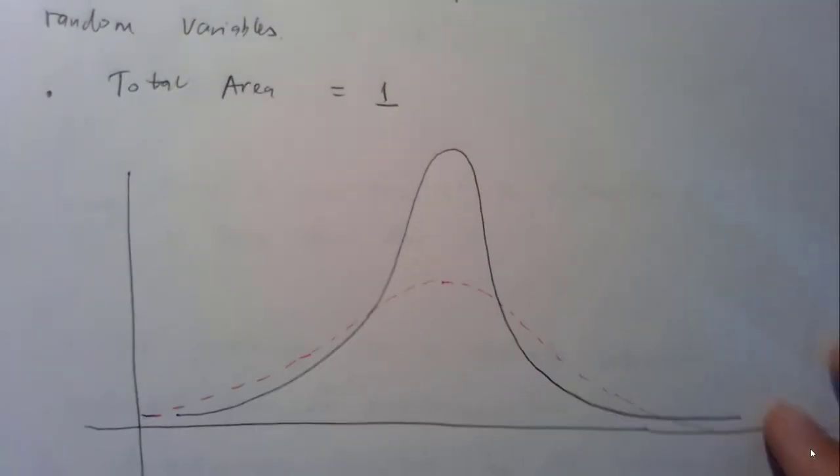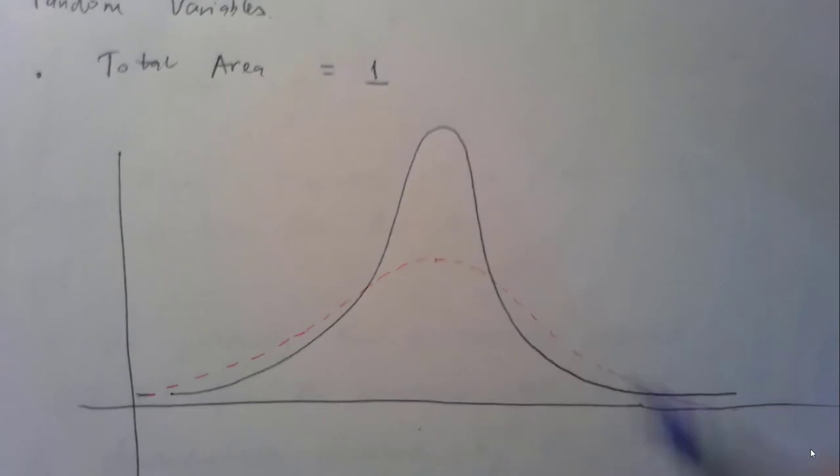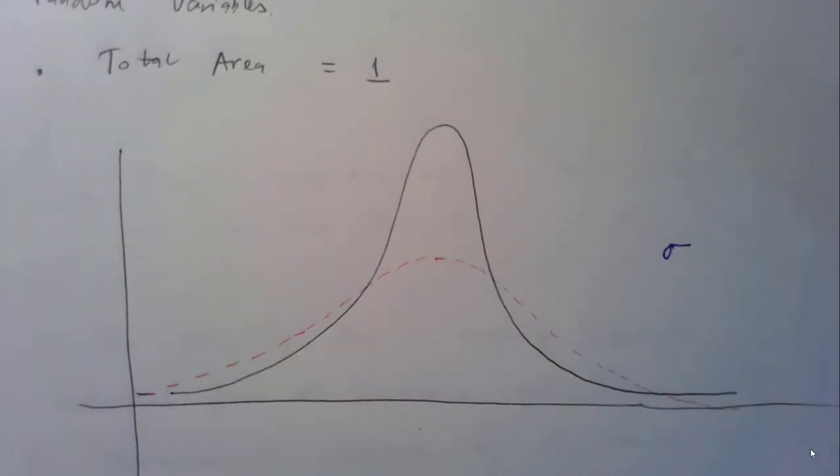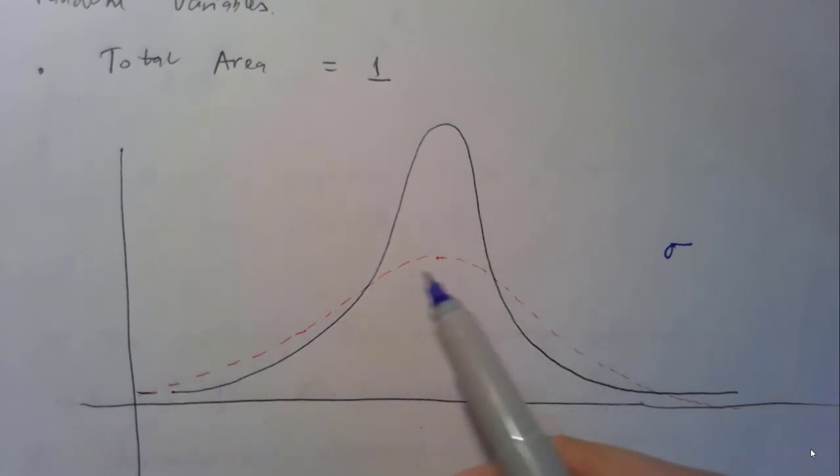Let's take a quick look at the two different curves here. Remember, the standard deviation measures how the data spreads out over the entire distribution or population. If we have a larger standard deviation, a larger value of sigma, then your data is more spread out, and you should have a curve like the red one here.